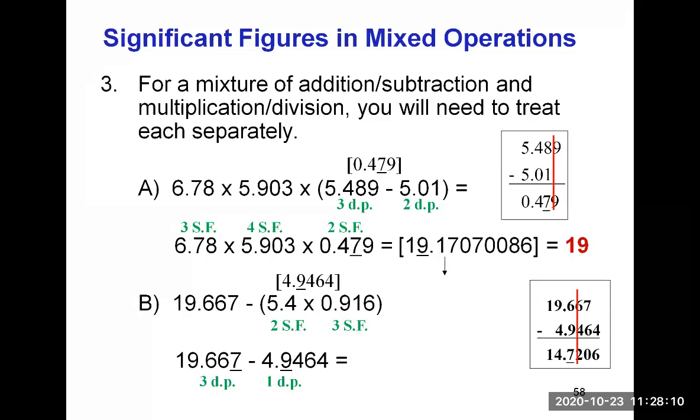So the calculator answer is 14.7206. You do not round until the end. So we said we need to keep 1 decimal place here because it's a subtraction. So 14.7, what comes after the 7 is a 2, you need to round down. So you keep the 7 as it is, and the final answer is 14.7.